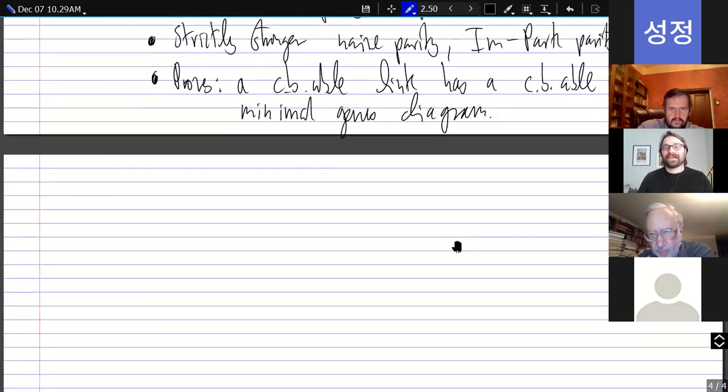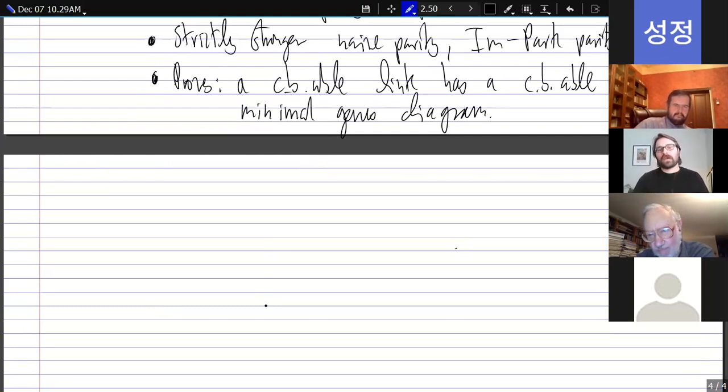So it's sort of like one of those wish theorems that lets you say, well, if you're working with checkerboard colorable things in the wild for some other reason, and then you came across a part in your proof where you wanted to be able to invoke minimal genus of your virtual link.